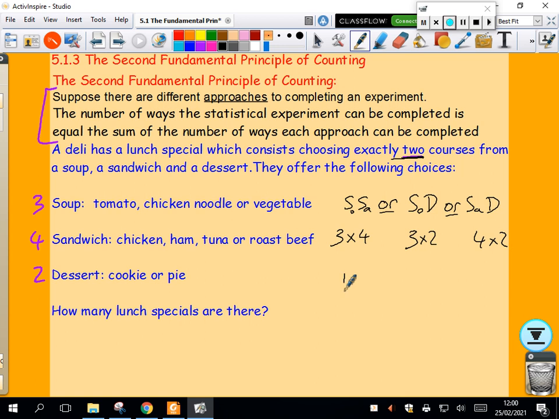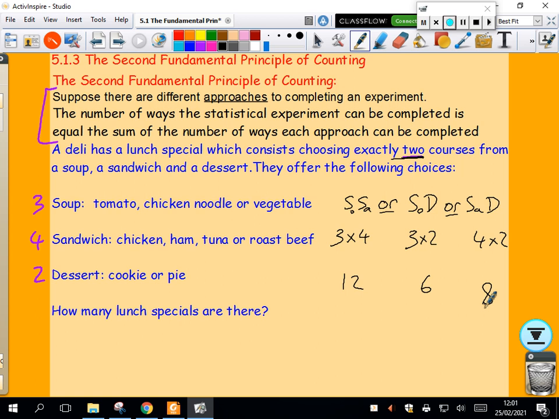So there's 12 ways I can choose a soup, then a sandwich. There's 6 ways I can choose a soup and then a dessert. And there's 8 ways I can choose a sandwich followed by dessert. So how many ways altogether?